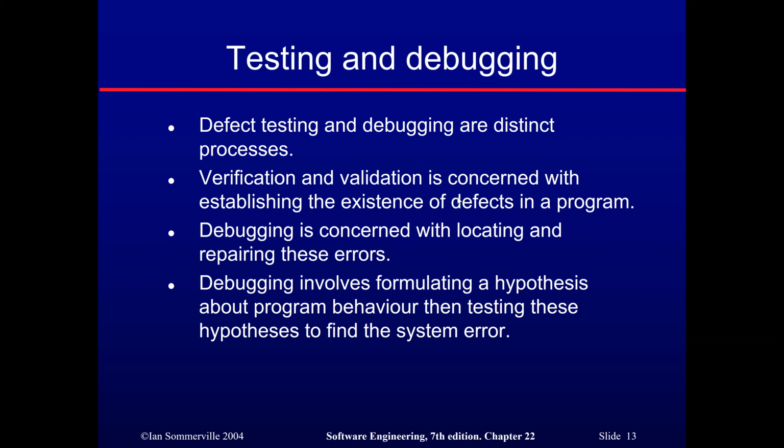Now, as to testing and debugging, what are they? Defect testing and debugging are two distinct processes. Verification and validation is concerned with establishing the existence of defects in a program, that is, testing and static verification.